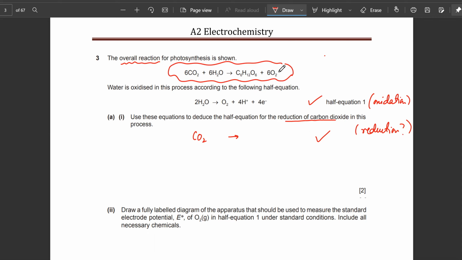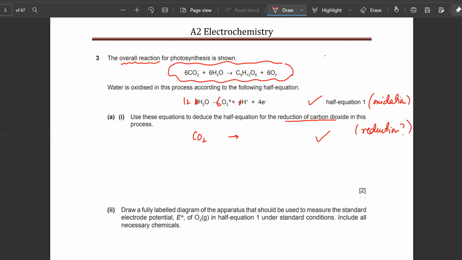Now, the first thing that you'll notice is that there are 6 O2s over here. These things are getting added up to give you O2s, so there has to be 6 O2 over here. I'm going to multiply this by 6. That would give me 12 water molecules, 6 O2 molecules.